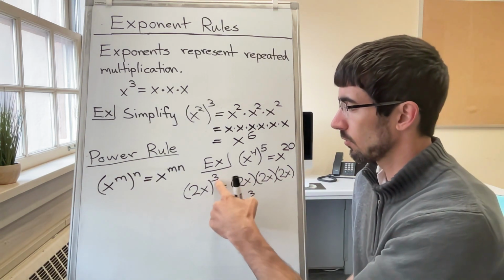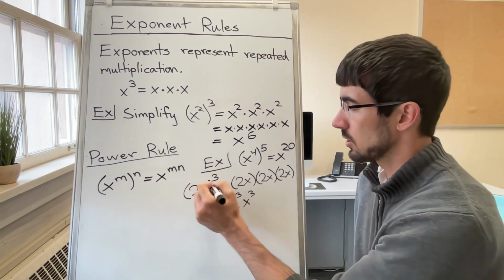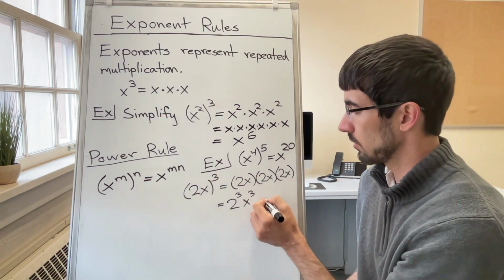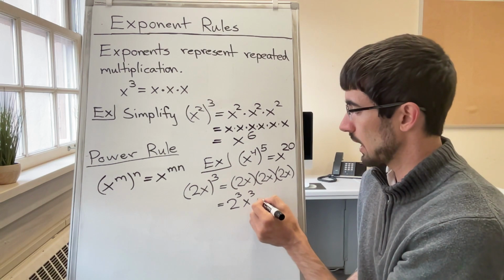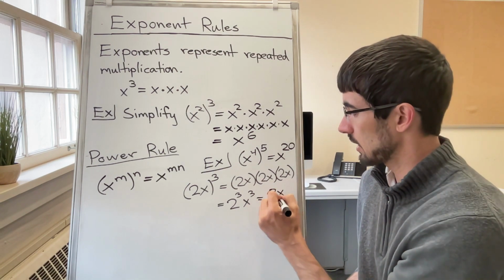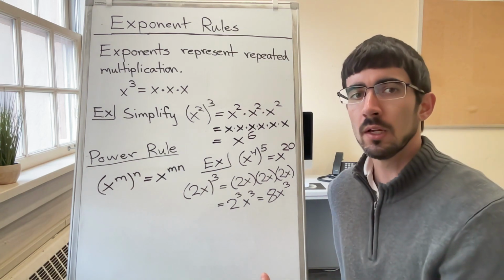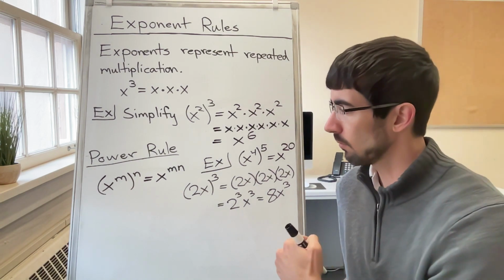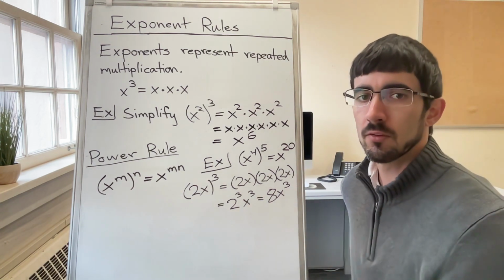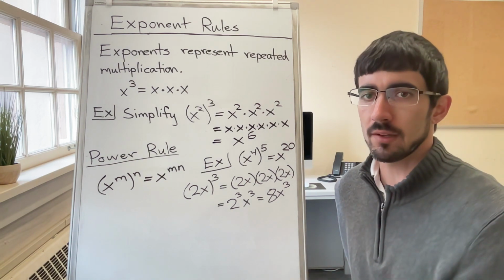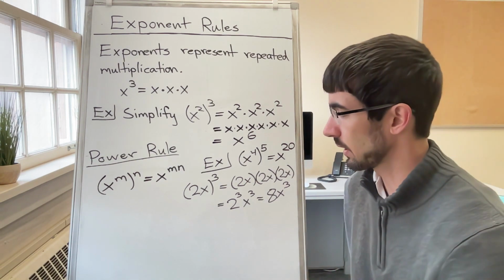This exponent of 3 was applied both to the 2 and to the x through multiplication. So I have 2 cubed, x cubed, which is 8x cubed. Some people call this a different rule of exponents. I think that it just follows from the power rule and what we've seen already about repeated multiplication.